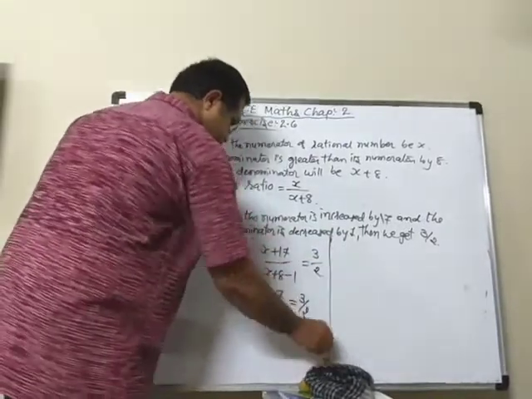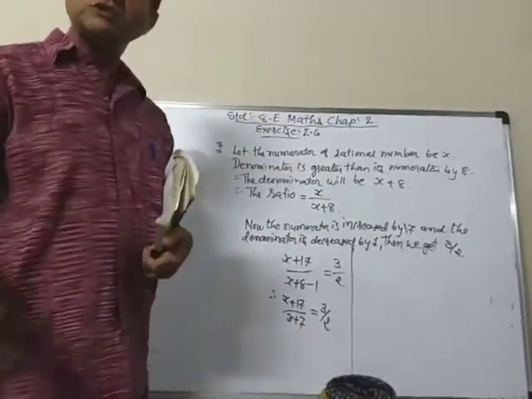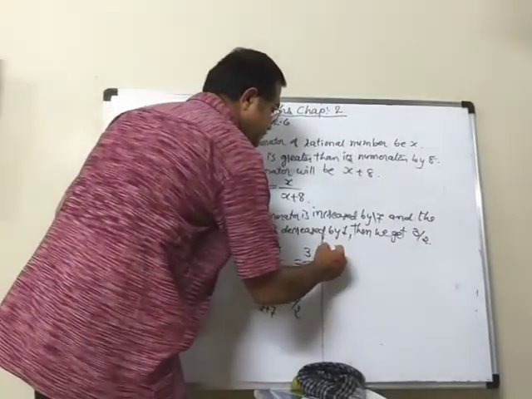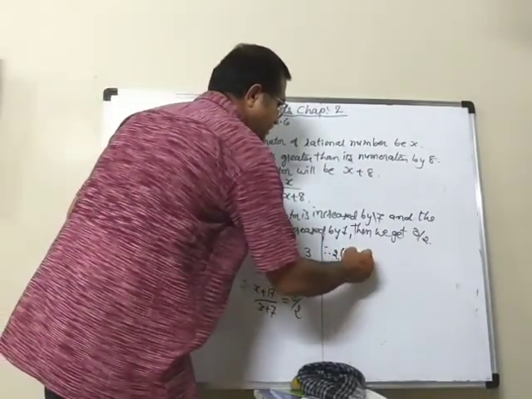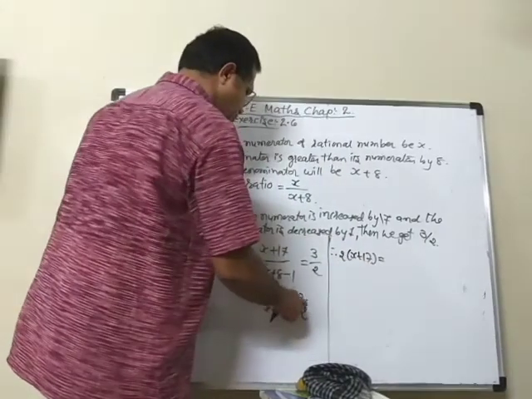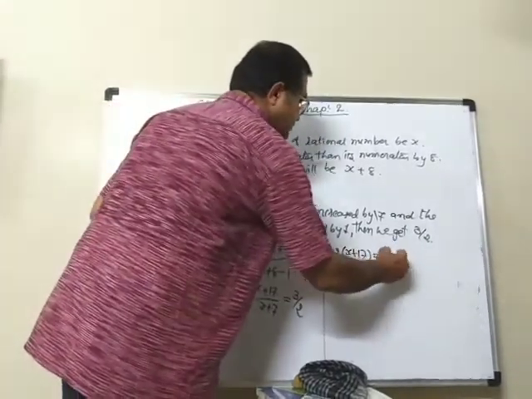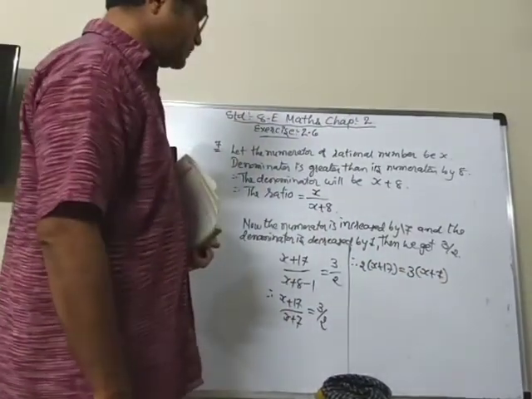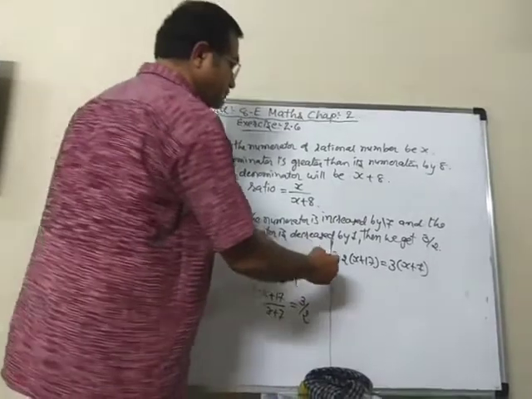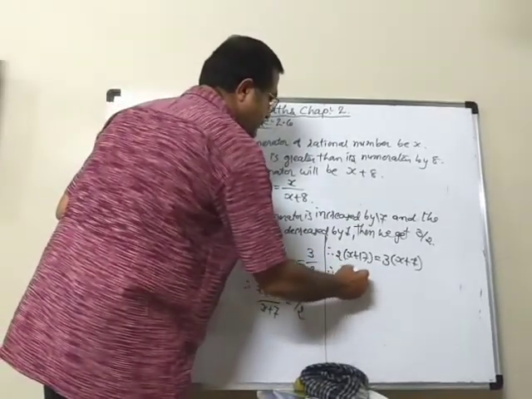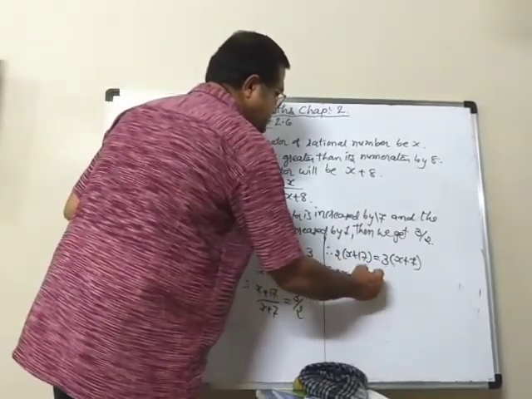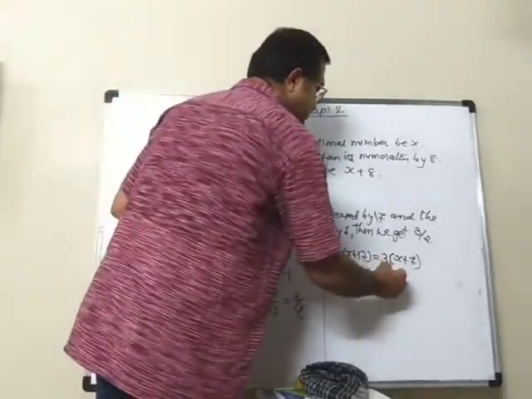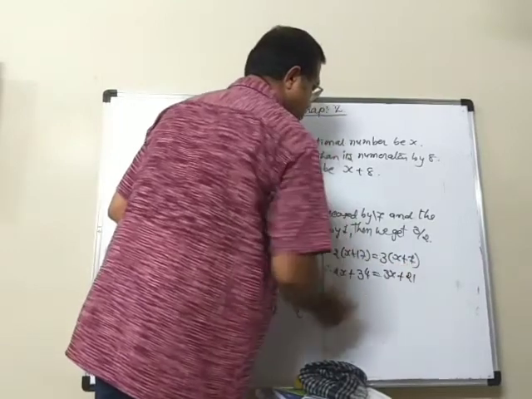Now same thing again, cross multiplication. So 2 into bracket x plus 17 is equal to 3 into bracket x plus 7. So now open. So 2 multiplied by x is 2x plus 17 2s are 34 is equal to 3x plus 21.